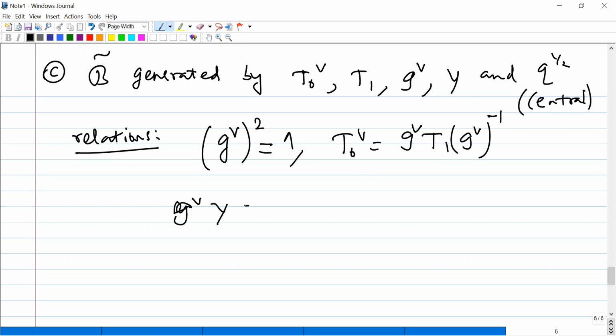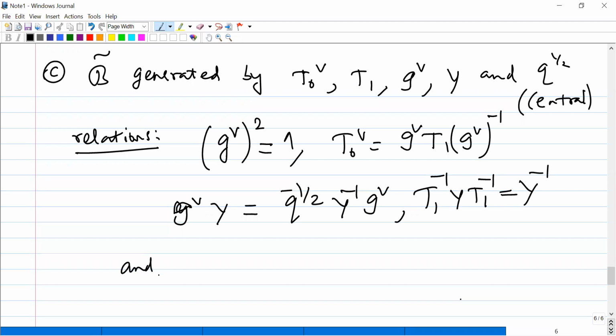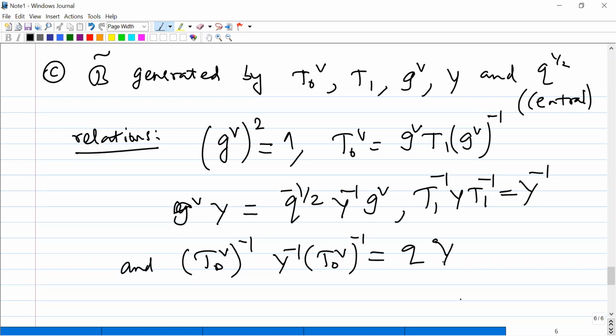G check Y is equal to q power of minus of Y inverse G check, and T1 inverse Y T1 inverse is equal to Y inverse, and T naught check inverse Y inverse T naught check inverse is equal to Y. So this is very similar to what we have in B. Okay, so the only thing we have changed is this G and T naught to this Y. Okay, so you can see which generators are changed and how we get this.